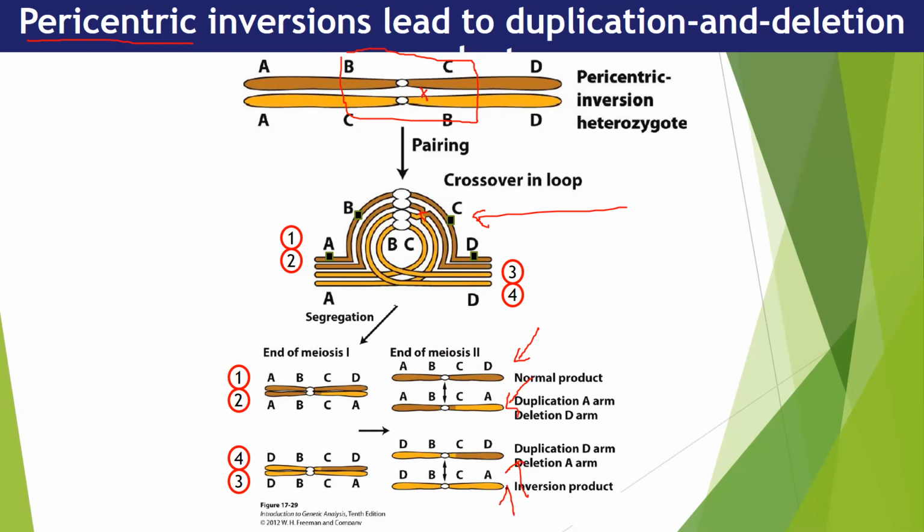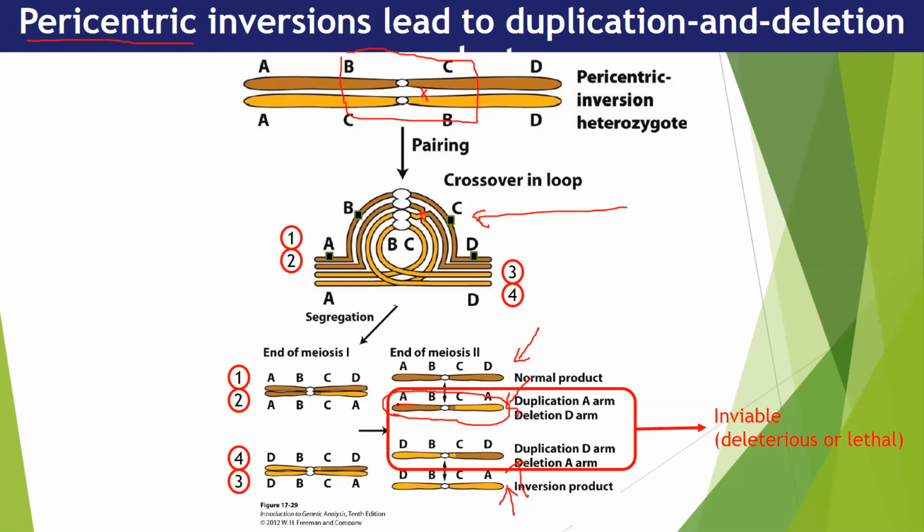However, if you look very closely at these 4 possible gametes, some of them cannot survive because of what? Because of the unbalanced genetic material. If a gamete only has this chromosome, as you can see, the gene D is missing. Probably gene D is a very critical gene in this organism, so if gene D is missing, this will be a fatal situation.